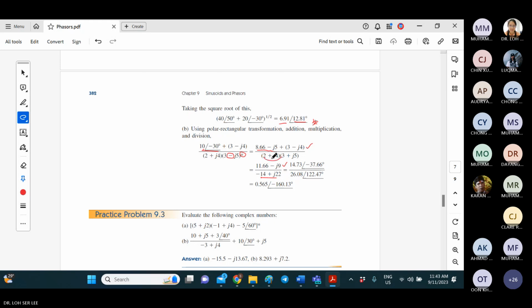This one, this one, this one, and then j squared is -1, then simplify, you get this. Now, both of these two complex numbers, we change from rectangular form into polar form. Then this one divided by this, you get this. This one minus this, you get this.